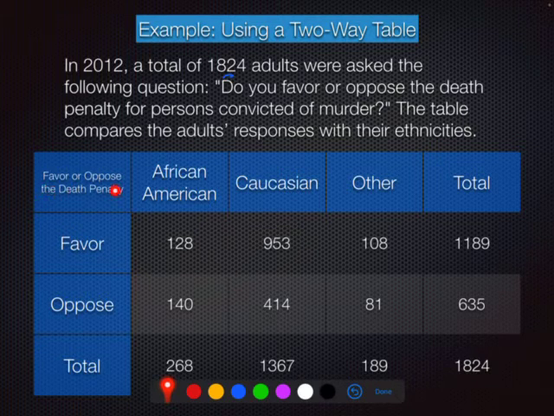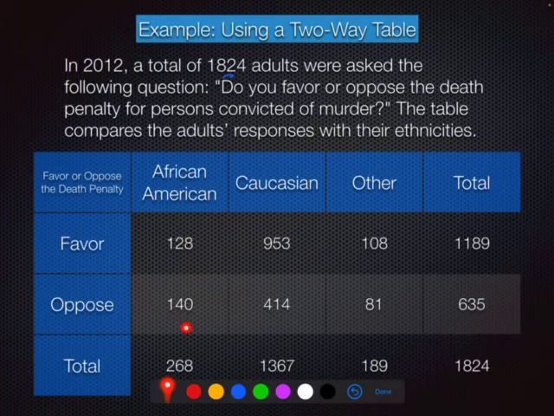So we have, again, this is a two-way table because we are in our vertical column. We have the first category here, or categorical variable, do they favor or oppose the death penalty? But we have another categorical variable, which is their race, African American, Caucasian, or other.